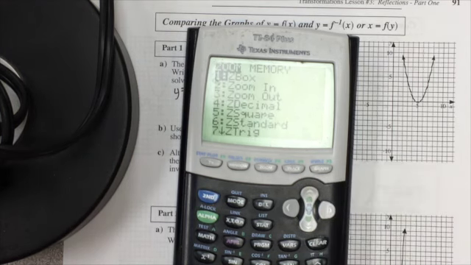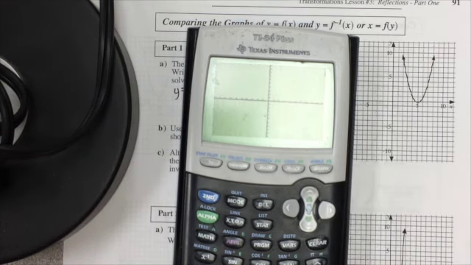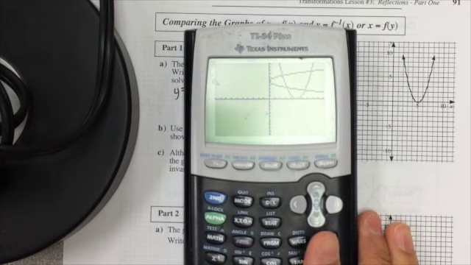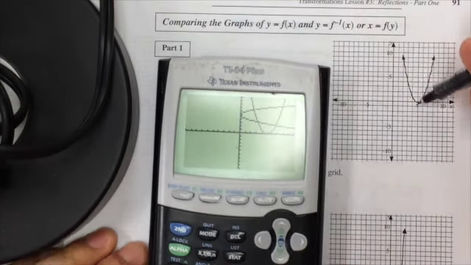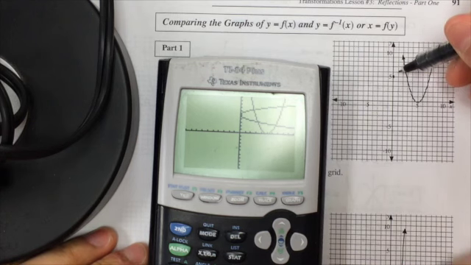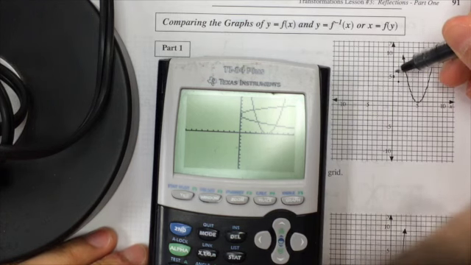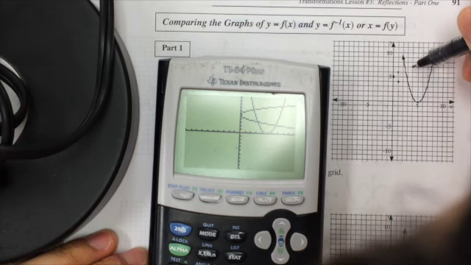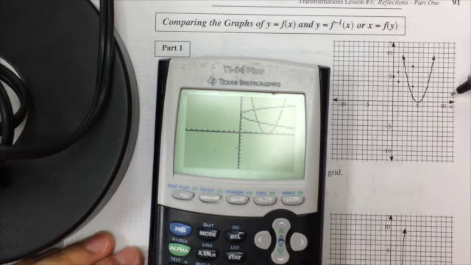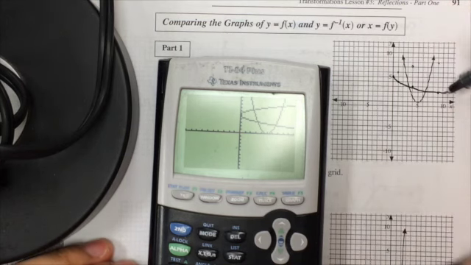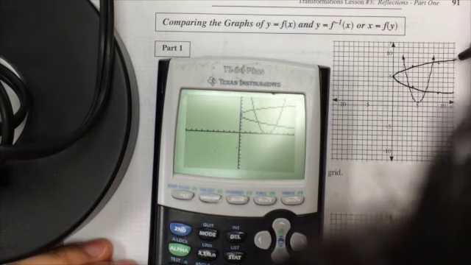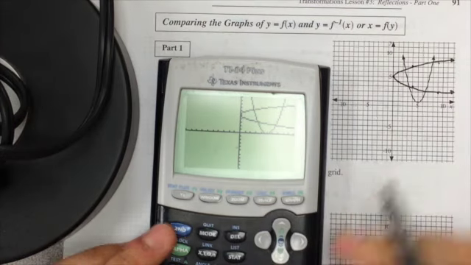I'm just going to zoom in here so it looks a bit better. And there it is. I have my new graph, which was formed, and it flipped up here. So this is my inverse function.